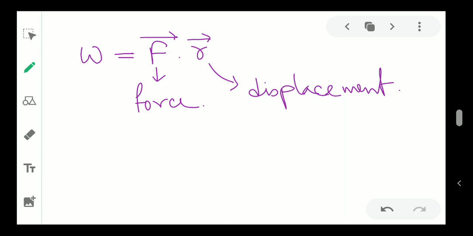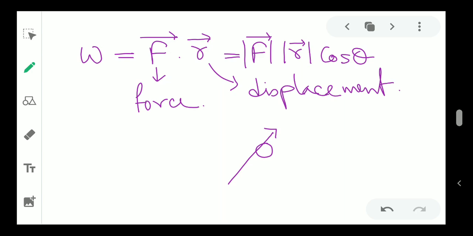This we can write as F R cos theta, where F and R are the magnitudes and theta is the angle between F and R. So if I have given a force to an object, and because of this force the object has moved in this way, there is a certain angle between the force imparted on the object and the displacement which has occurred. So this is the work done.